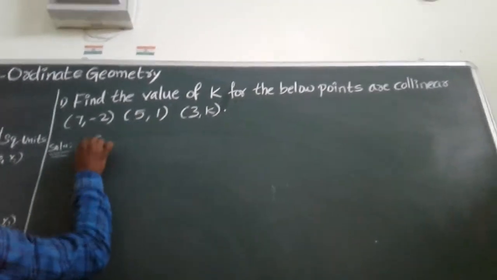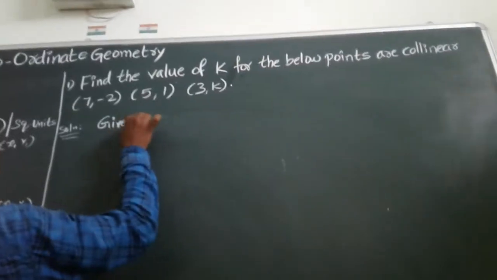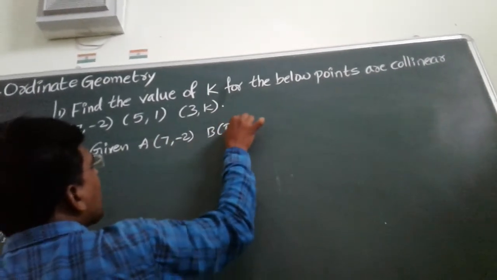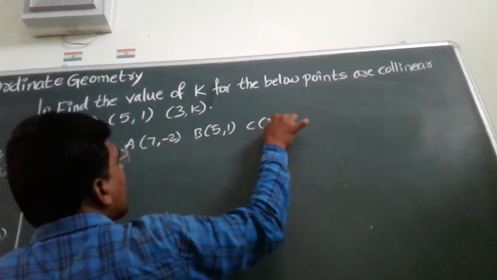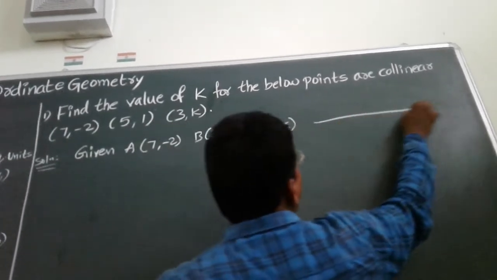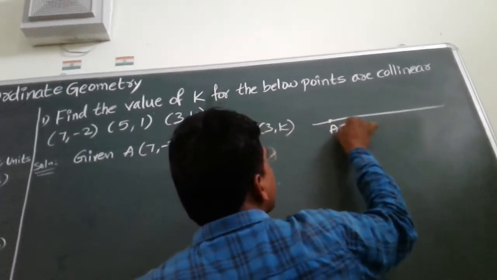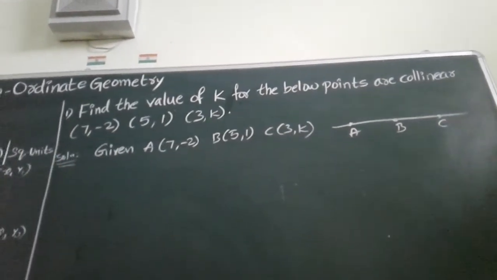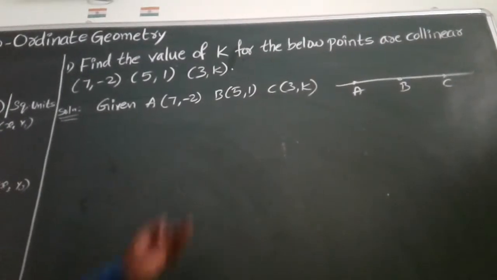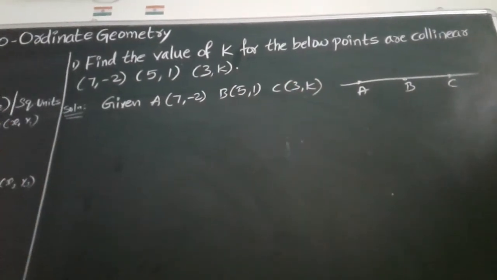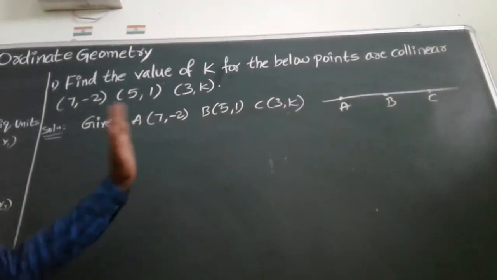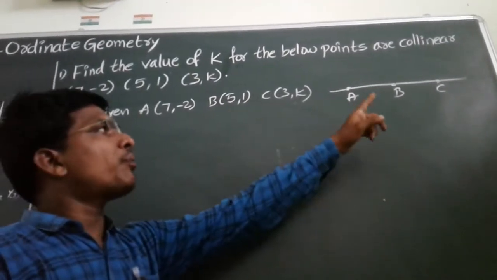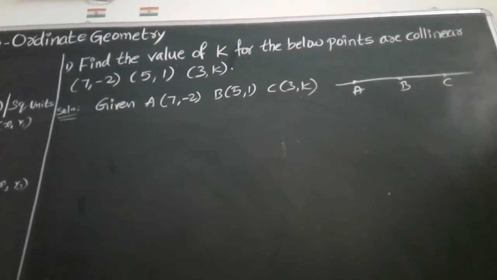So given A (7, -2), B (5, 1), C (3, k), these 3 points are lying on the same line. When these 3 points are lying on the same line, what is the formula to find the k value? By using the condition that the area of the triangle is equal to 0, because these 3 collinear points cannot form a triangle.